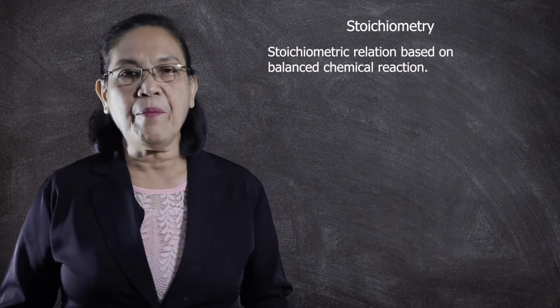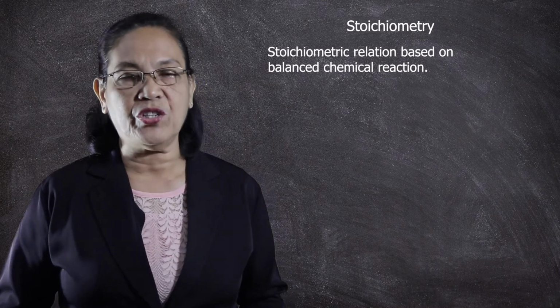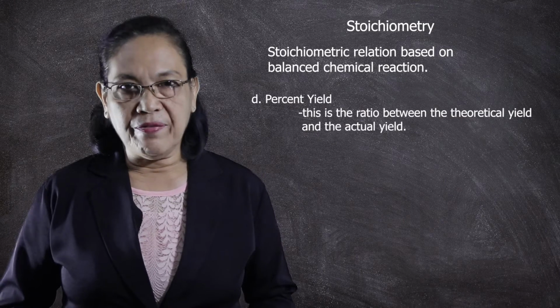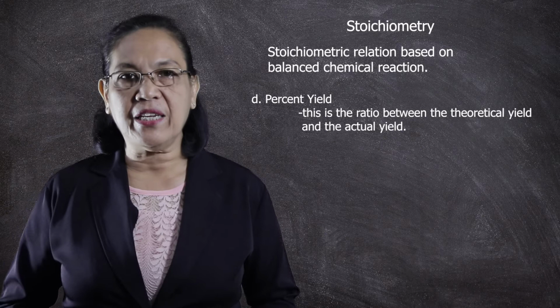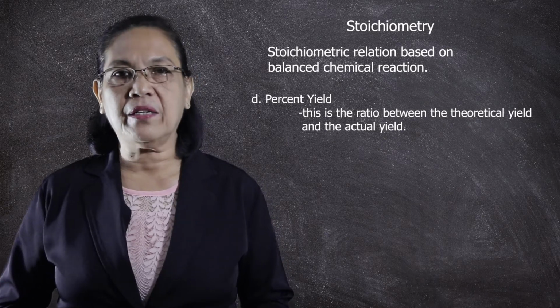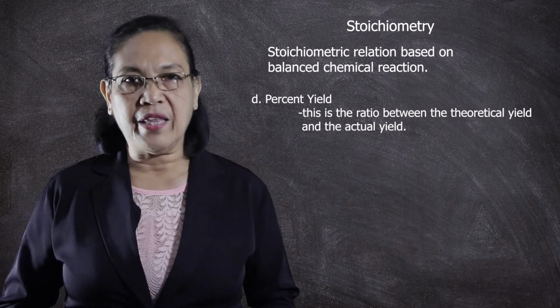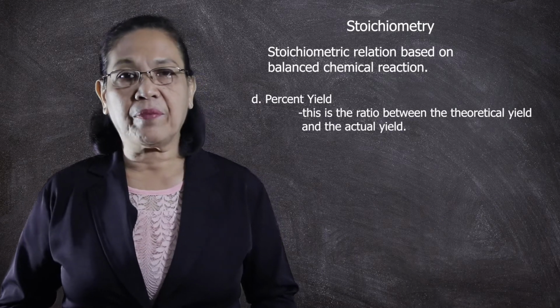Now, another application of the stoichiometric relation is finding the percent yield. In finding the percent yield, we compare the actual yield to the theoretical yield.